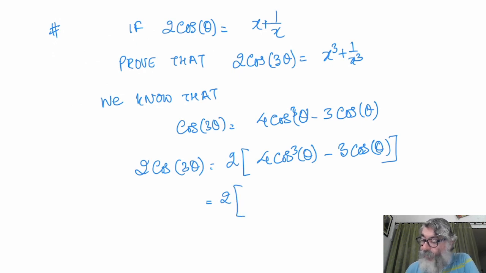Because 2 cos theta is this, cos theta will be 1 upon 2 of x plus 1 upon x. So 4 upon 2, and cos theta is what? x plus 1 upon x whole cube minus 3 x plus 1 upon x, and 2 will come here.